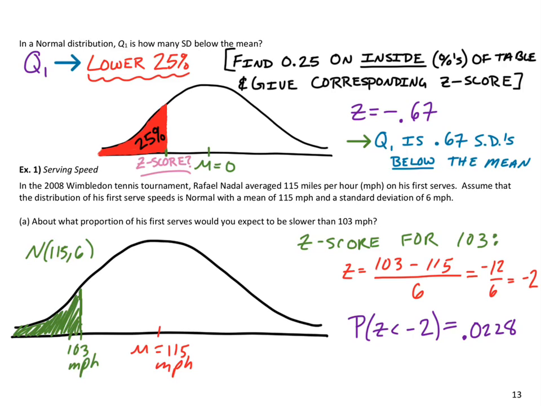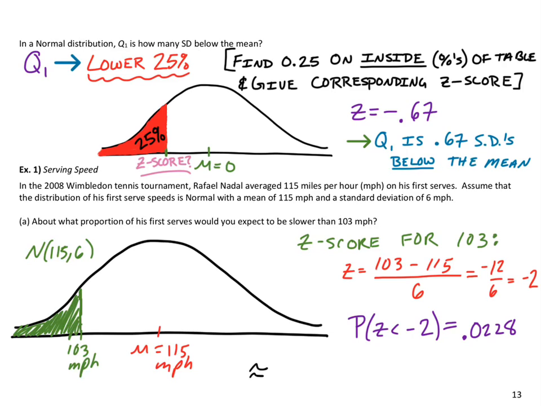So in context, what does 0.0228 mean? Isn't that the green area that we shaded? 0.0228? Nathaniel, you know? It's the proportion of his serves below 103 miles per hour.